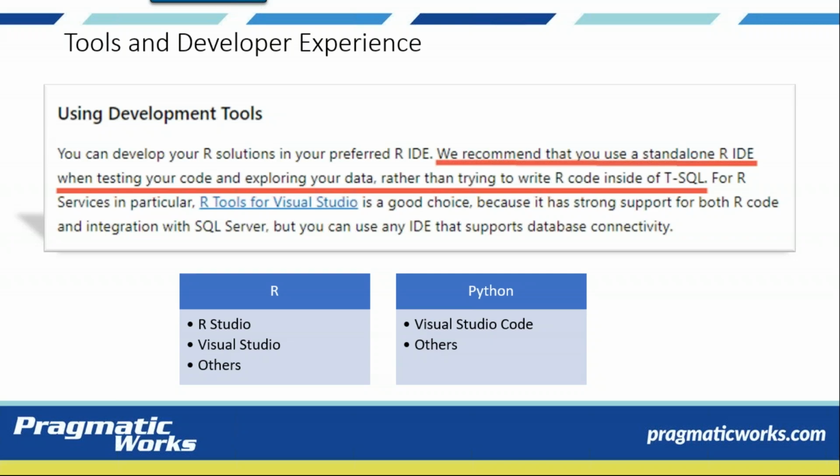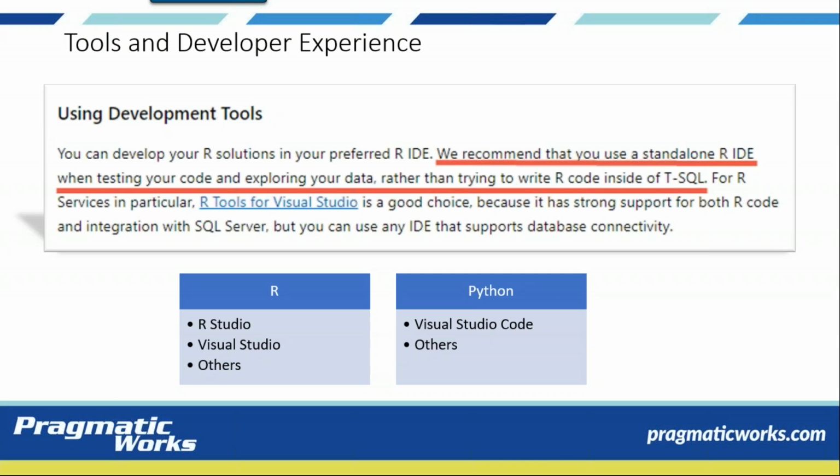If you're using R, a really common and popular tool, and I've used this one quite a lot, is called RStudio. It's a great tool for writing R. Visual Studio also has support for R, and there are many, many other tools for writing R. Similarly with Python, I've talked to a lot of people who have found that Visual Studio Code is good.